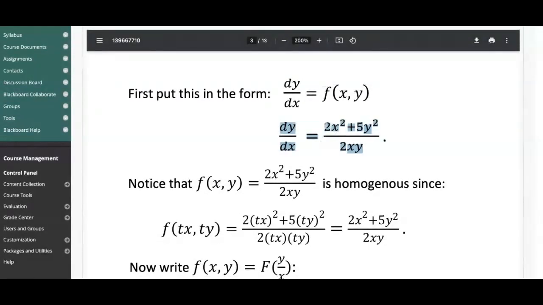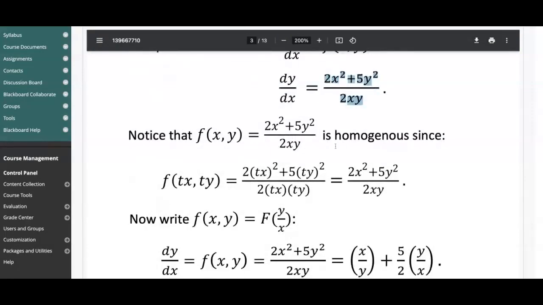This looks like what we call rational functions. If it's one variable, we call them rational functions, right? We always have the ratio.